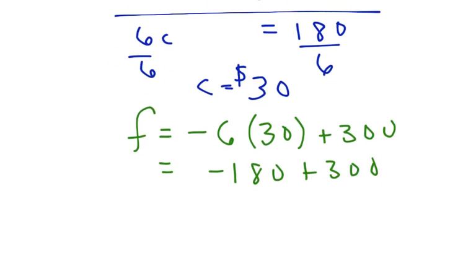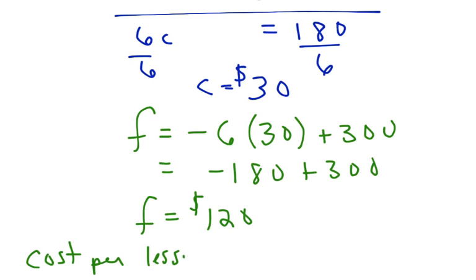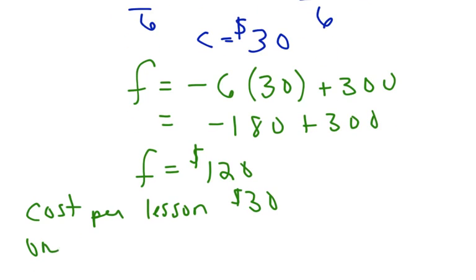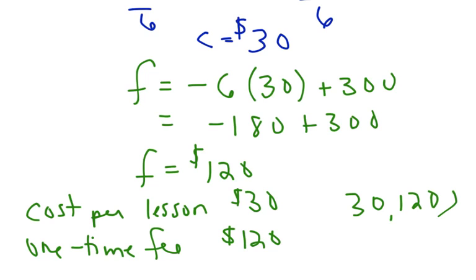I'm going to find out that the one-time fee is $120. So the cost per lesson is $30 a lesson, and the one-time fee is $120. You don't have to write the real-world problems as an ordered pair, but if you want to, remember that the ordered pair is always written in alphabetical order.